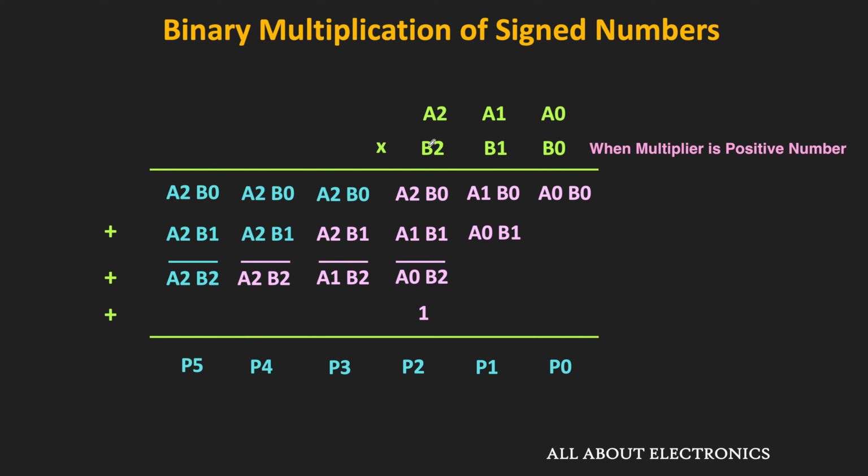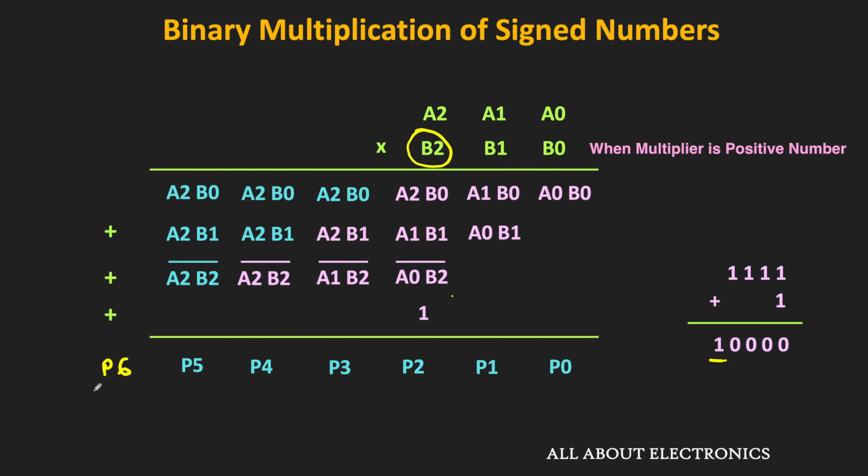If the multiplier is positive, then this bit b2, the MSB of this number, will be 0. In that case, all these bits, that is a2 b2 dash, a1 b2 dash and a0 b2 dash, will be 1. That means at all those positions, we will have 1 1 1 1. And when we add 1 to it, all the bits at the corresponding positions will become 0, and this 1 will get shifted to the P6 position.